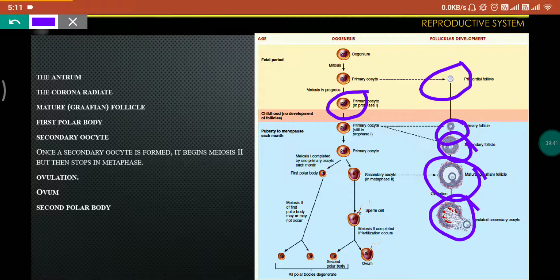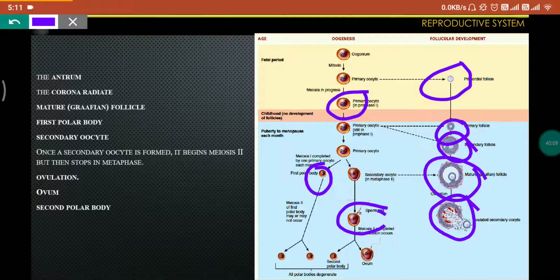At this time, the secondary oocyte is also in a diploid condition. Here we have the first polar body and the secondary oocyte. The first polar body is nothing but remnants of some nuclear material, so it is vestigial and is destroyed in the ovary later.